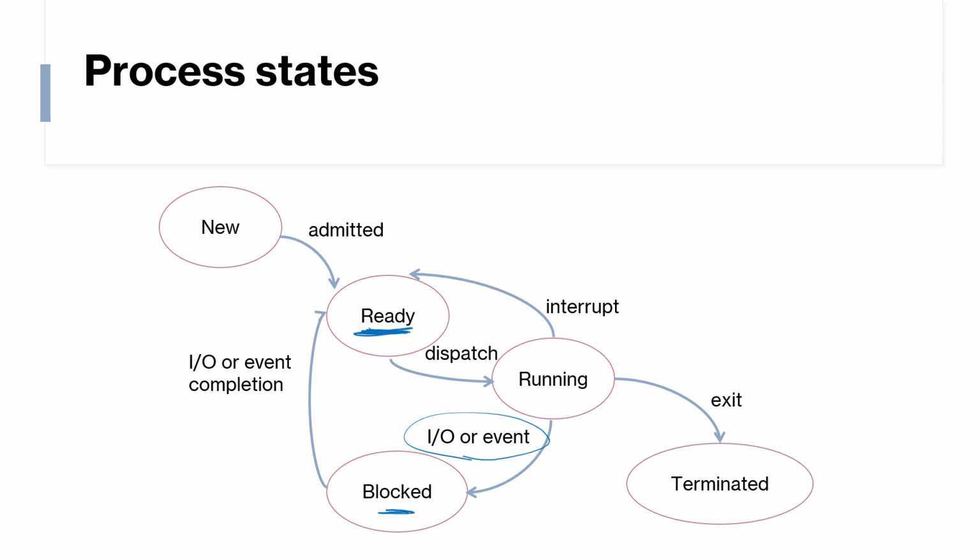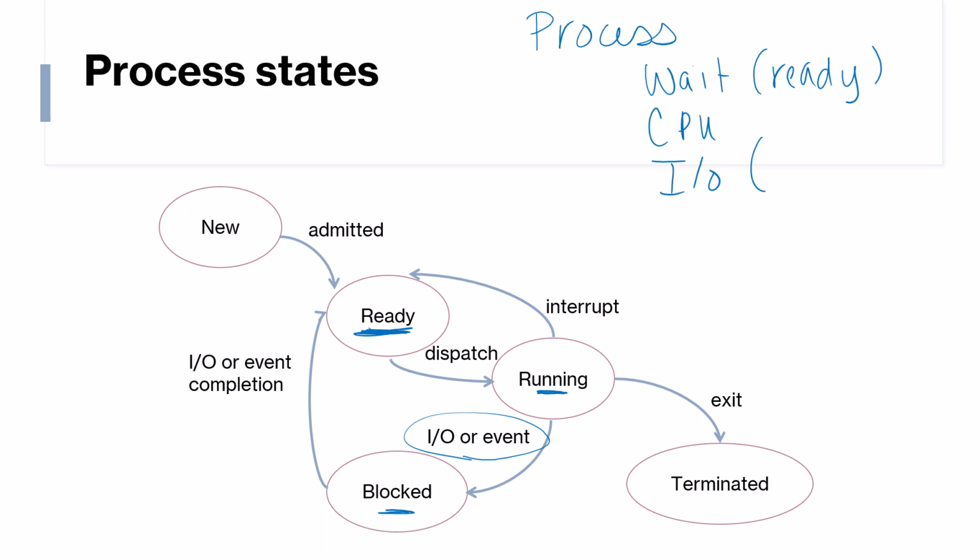So again, for our exercises, our processes are going to have wait time, meaning they're ready, CPU time, meaning they're actually on the CPU, or I/O time, meaning they are at some type of event. If you add these up, that is going to equal their turnaround time.